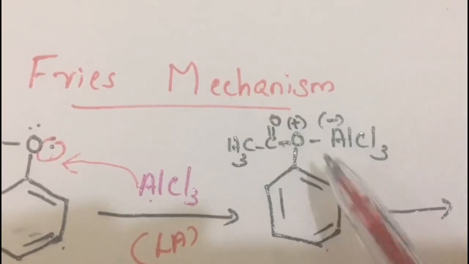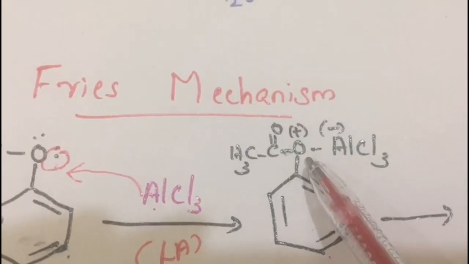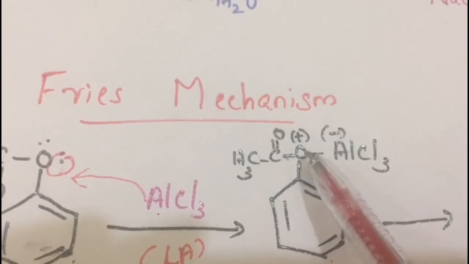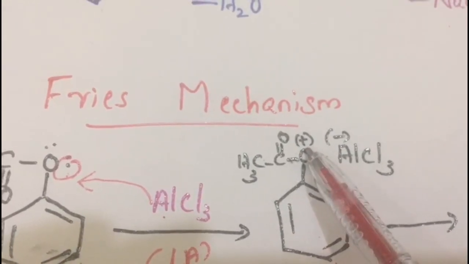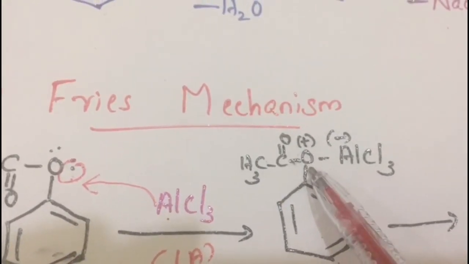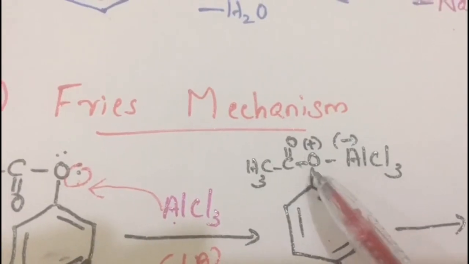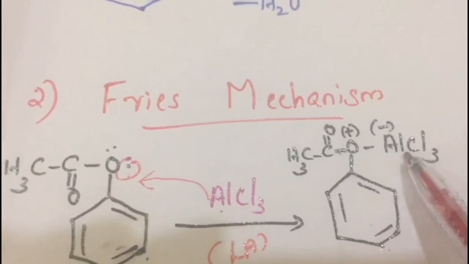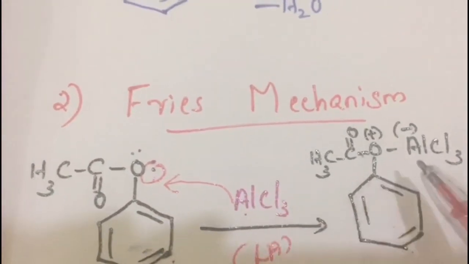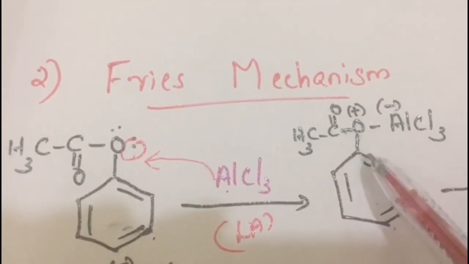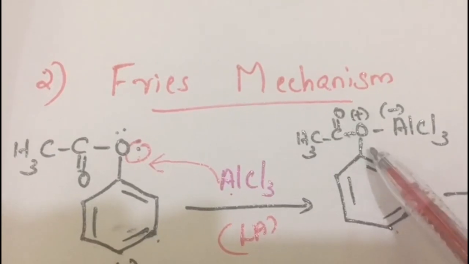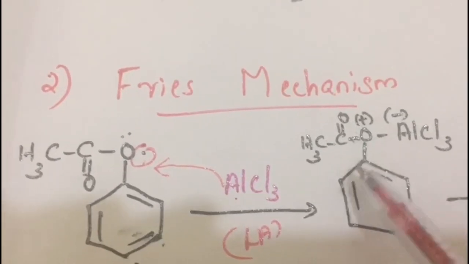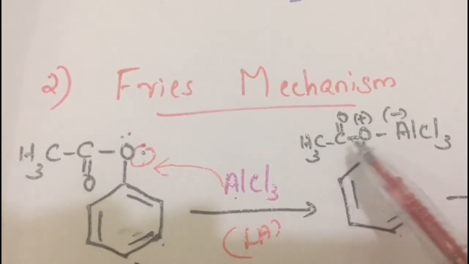In this product we know oxygen is electronegative and it needs electrons now, because in addition it has a positive charge. So some bond should be broken for that. It is not possible to break this bond because it would give the same product again. And the O-phenyl bond also cannot be broken because it has partial double bond character. So the O-CO bond will be broken.